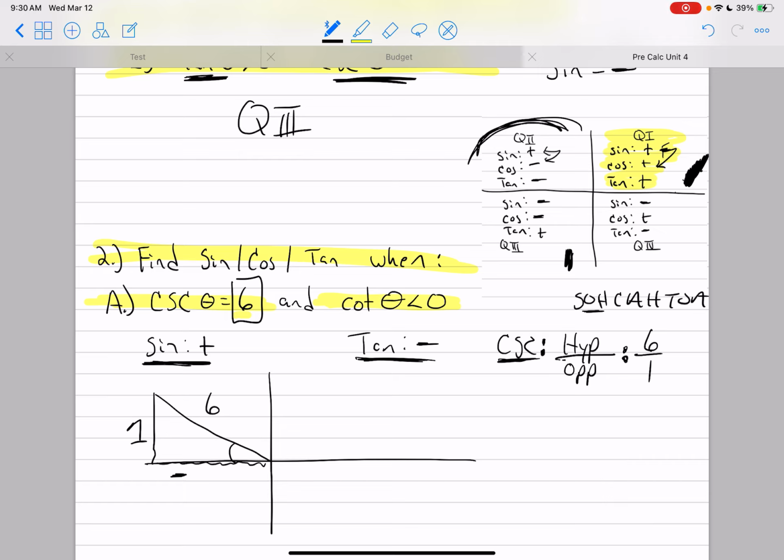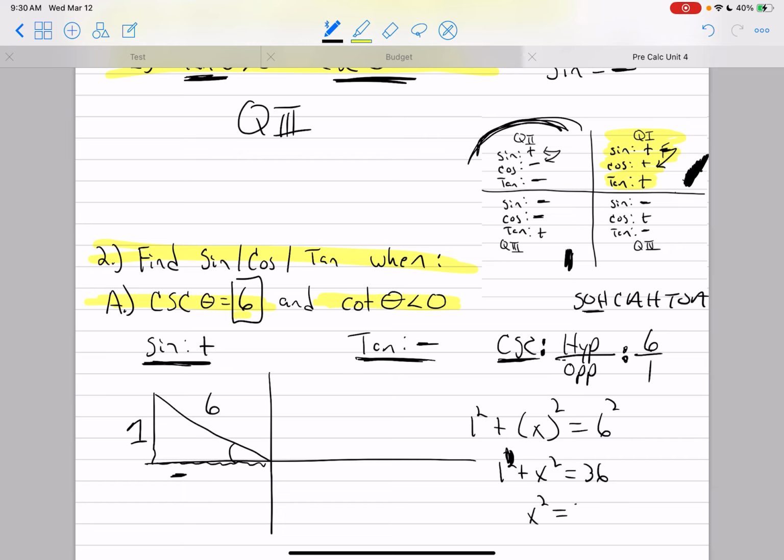So I have to do 1 squared plus some negative number squared equals 6 squared. So 1 squared plus, we'll just call this x squared equals 36. That should say 1 plus x squared equals 36.